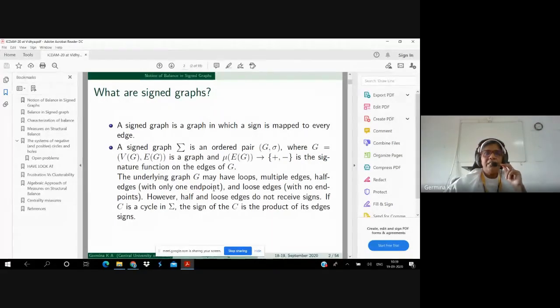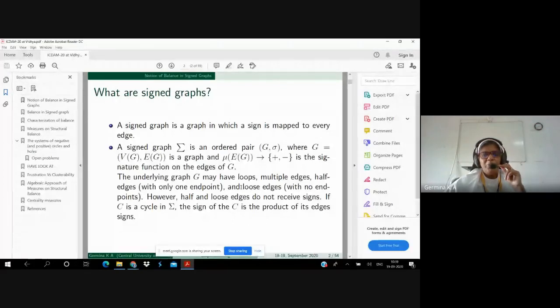You can think of taking an edge with two endpoints, taking a scissor and cutting it in the middle. What do you get? You get a piece with one endpoint. That is what we mean by half edges. Loose edges mean there are no endpoints at all. Should we consider such loose edges? Definitely, because in social psychology and all, we say we want to have gossiping and all.